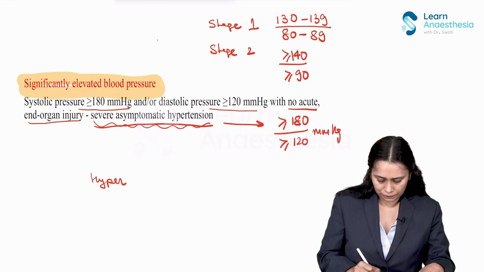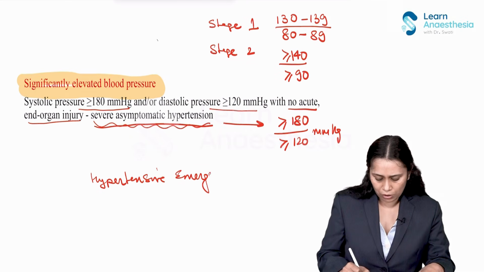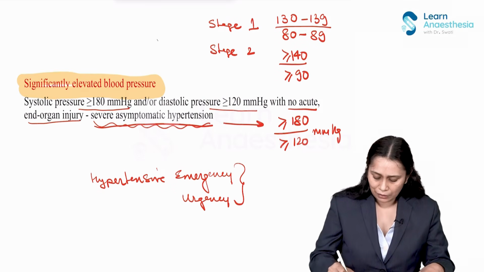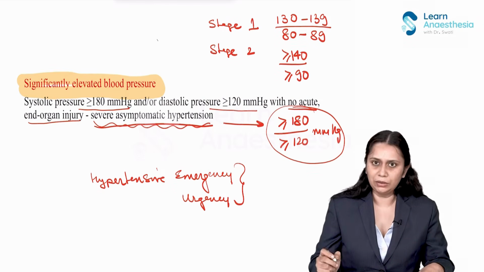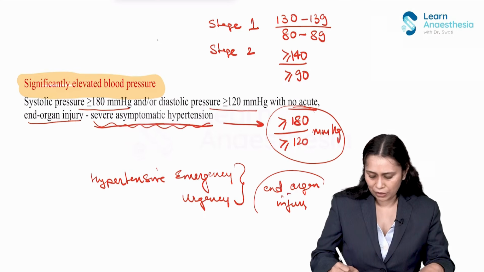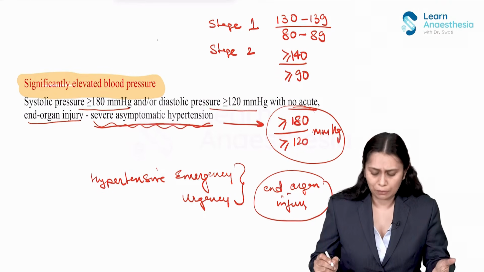Now, we have hypertensive emergency, or we call it hypertensive urgency. We call it this when we have elevated blood pressure with evidence of end organ injury, right? With some evidence of end organ injury, especially for heart and brain.